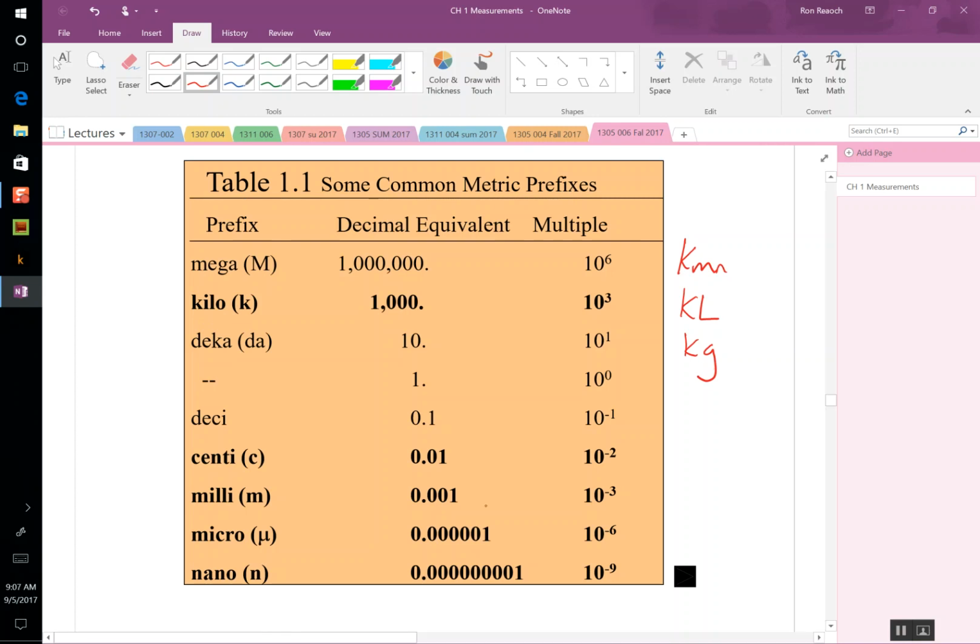Milli is 1/1,000th. So milli is small. Kilo is big. So a millimeter is 1/1,000th of a meter. What is 1/1,000th of a meter? I just told you centimeter, there's 100 of them. 100 centimeters.